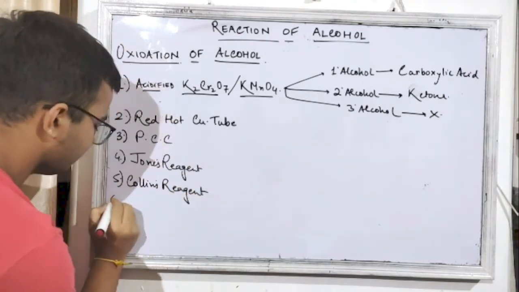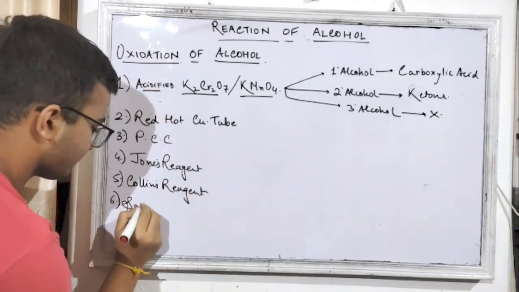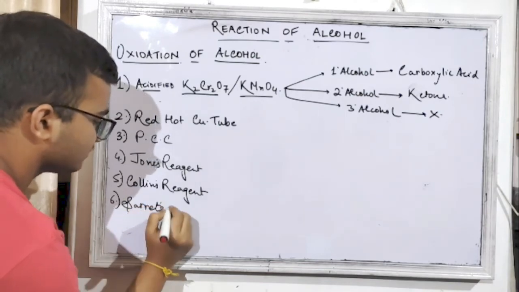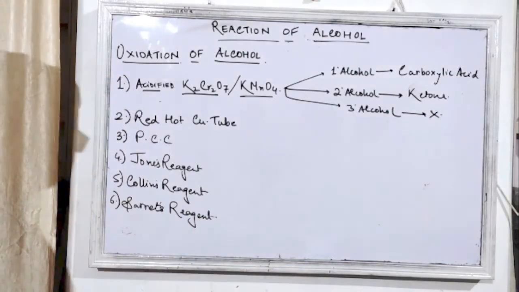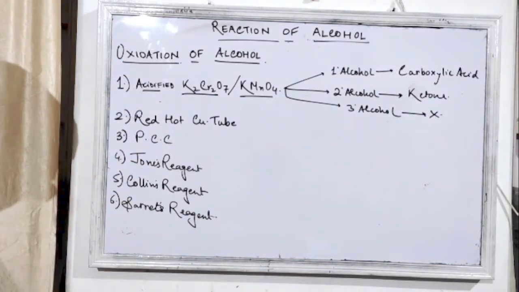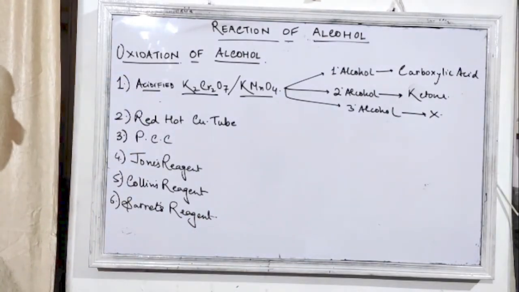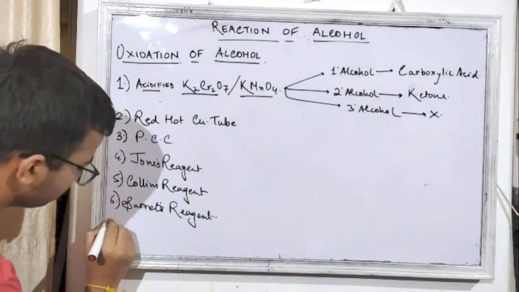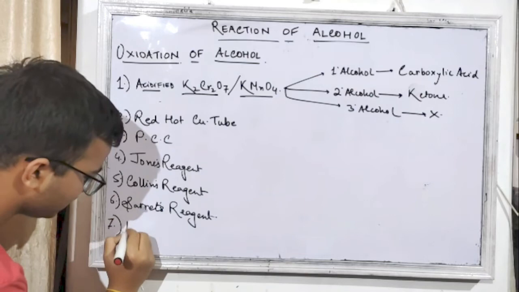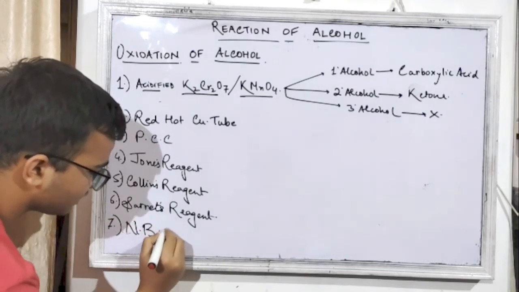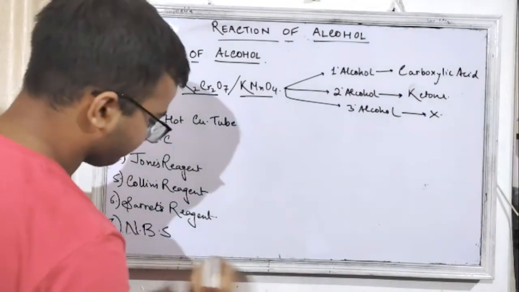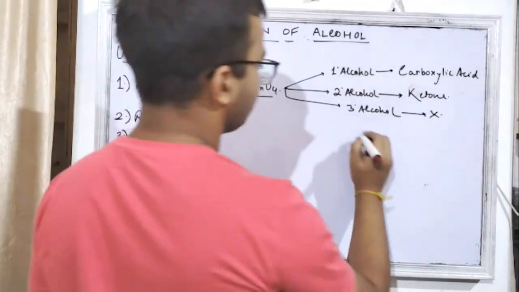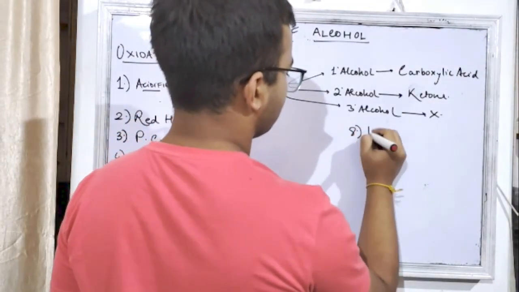After this, we have Sarrett's reagent. Right. After this Sarrett's reagent, we have the MnO2. But before this, let us do another thing which is your NBS, which is the N-bromosuccinimide. And the last we have, let's write over here, haloform.